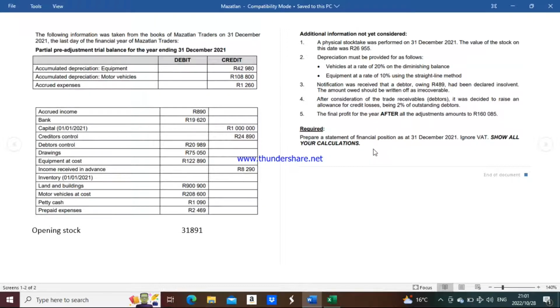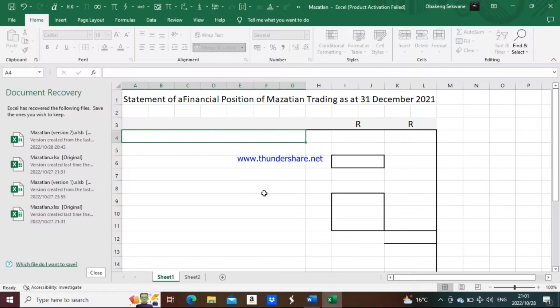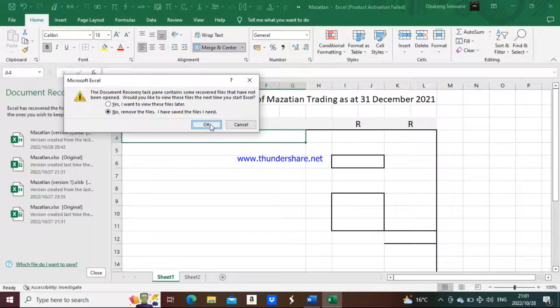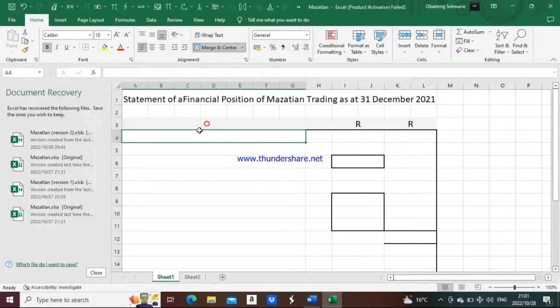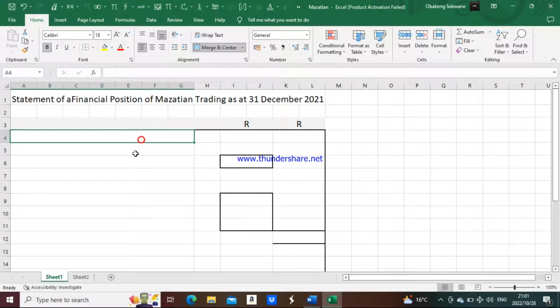Then we are going to prepare the statement of financial position for the year ending 31 December 2021. So in Excel, we have our answer sheet basically. The first thing in our balance sheet or statement of financial position is assets.